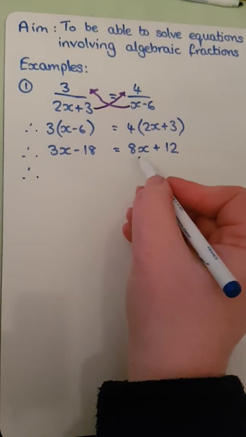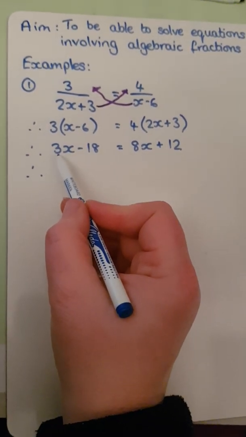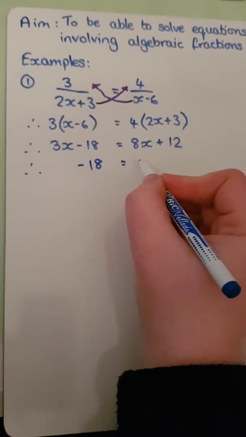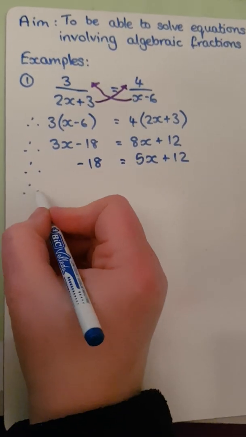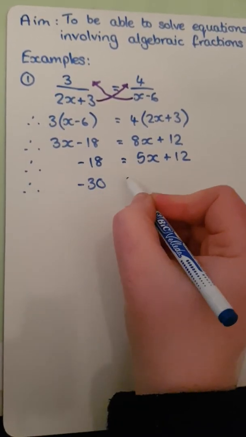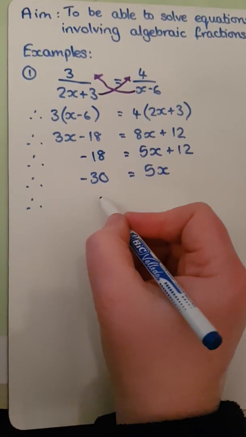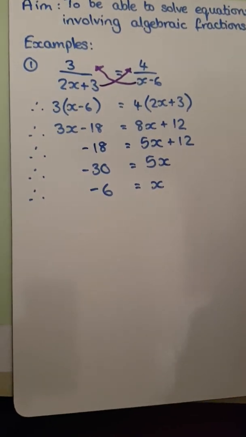It makes sense to keep x as being positive, so it makes sense to subtract 3x from both sides, which gives us minus 18 equals 5x plus 12. Subtracting 12 from both sides, minus 30 equals 5x. Divide both sides by 5. We get minus 6 equals x.